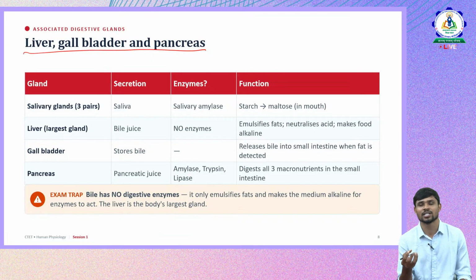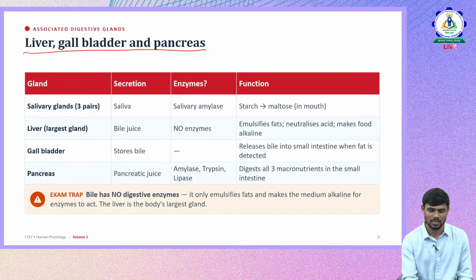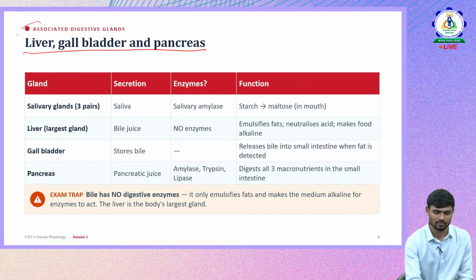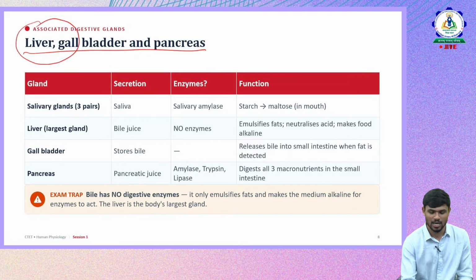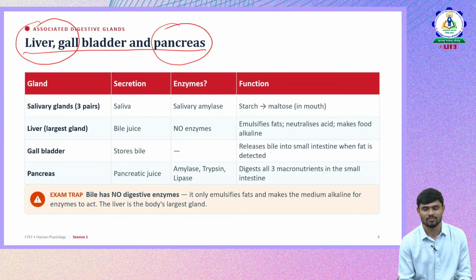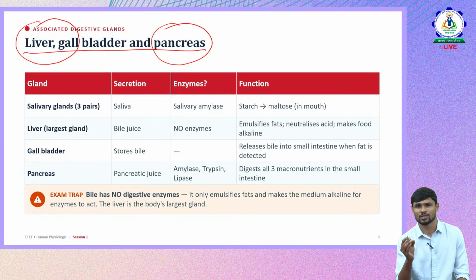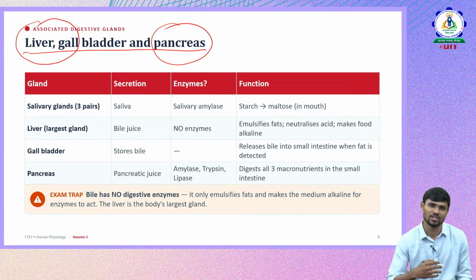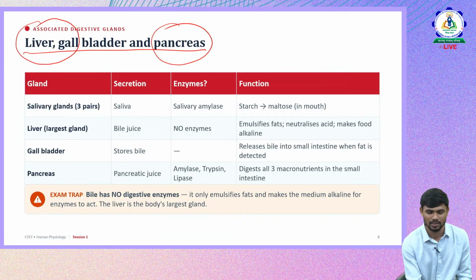It receives secretions from two different parts: one is the liver and one is the pancreas. The liver has a small pouch-like structure, as we all know, just for storing bile juice. The liver produces bile juice and it gets stored in the gallbladder. And the pancreas.